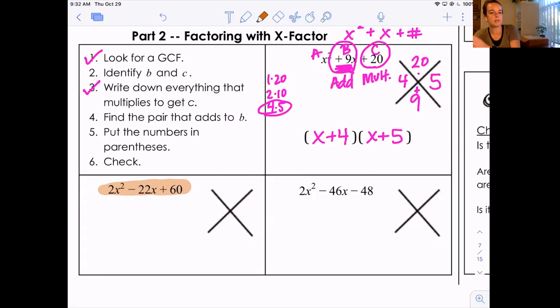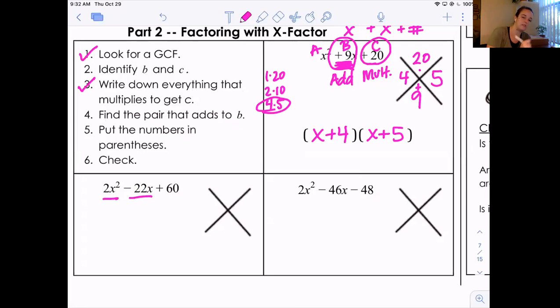And the first step is to look for a GCF. Is there a GCF from 2, 22, and 60? Is there something we can take out of each of these? Yeah, the number 2. Awesome. Thank you in the chat.